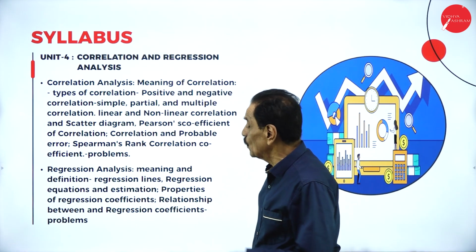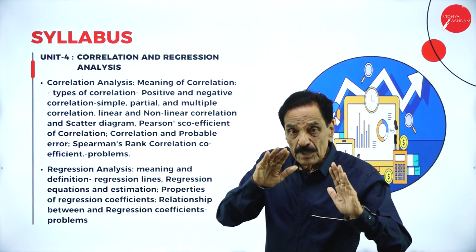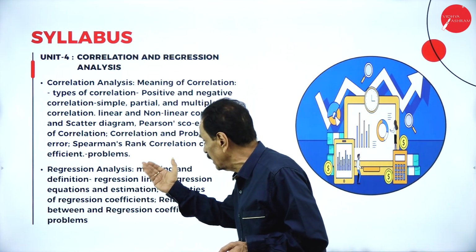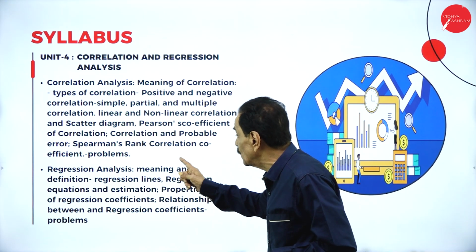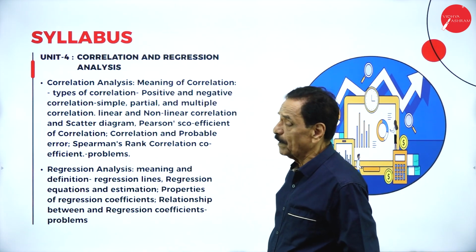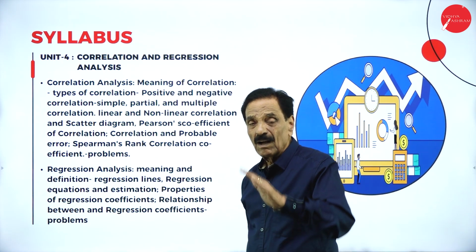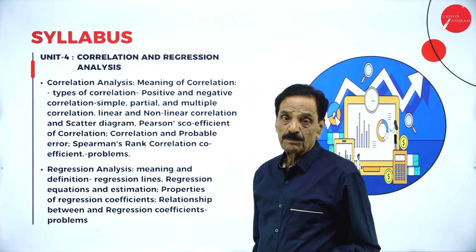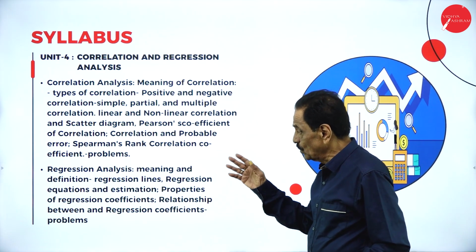We are going to cover what you mean by correlation, types of correlation, what probable errors are, Spearman rank correlation coefficient problems. Here we are going to explain ordinary correlation with probable error and Spearman rank correlation. We are going to solve the problem.